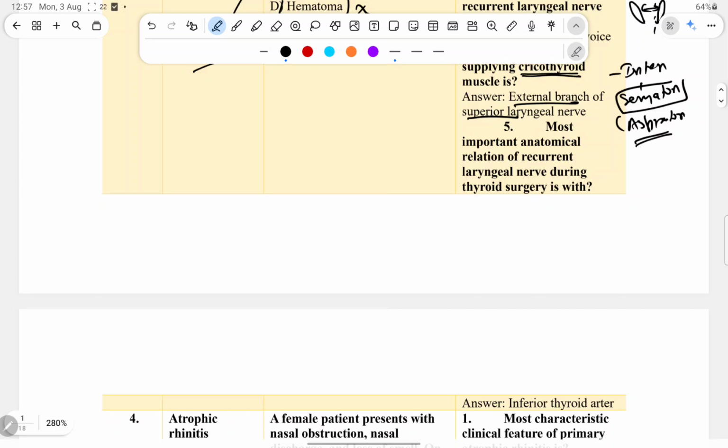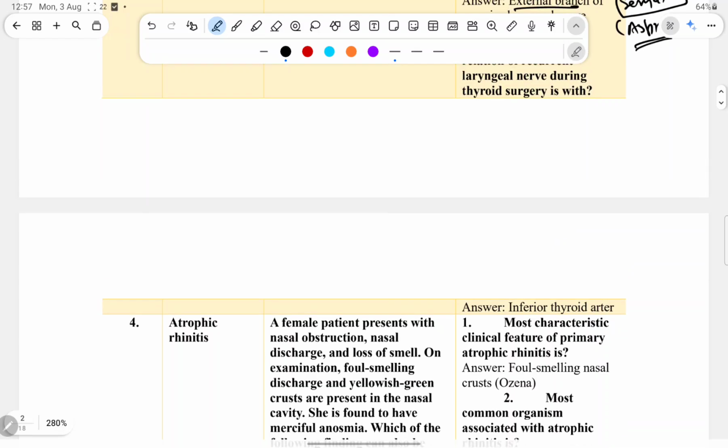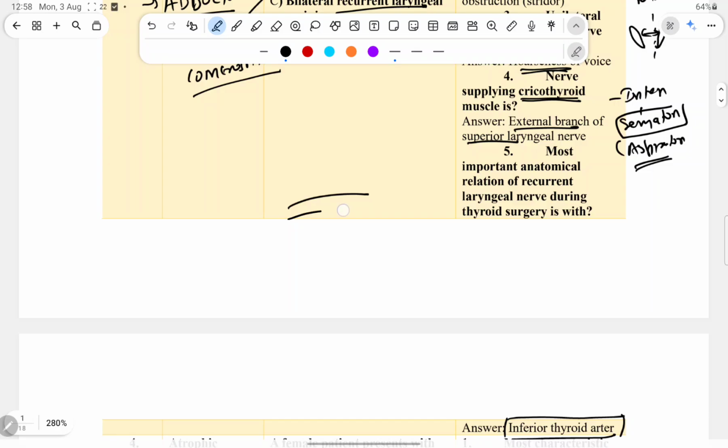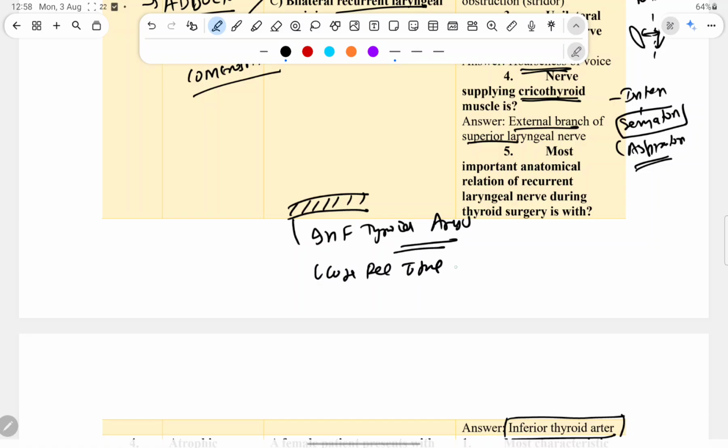Most important anatomical relation of the recurrent laryngeal nerve during thyroid surgery, a very important question, is the inferior thyroid artery. It has a close relation with the recurrent laryngeal nerve. It can be a potential question.